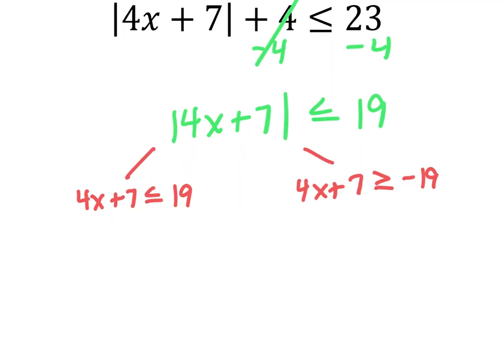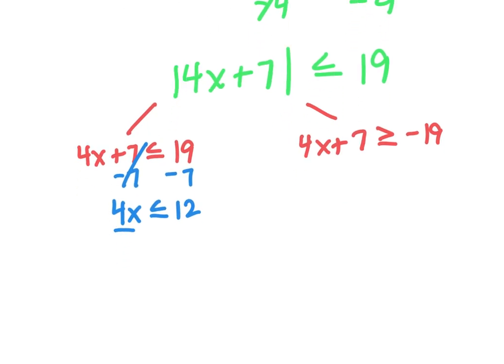And now's the easy part, because now we just solve them like you would solve an inequality. So we subtract the 7. 4x is less than or equal to 12. Divide by 4. x is less than or equal to 3.